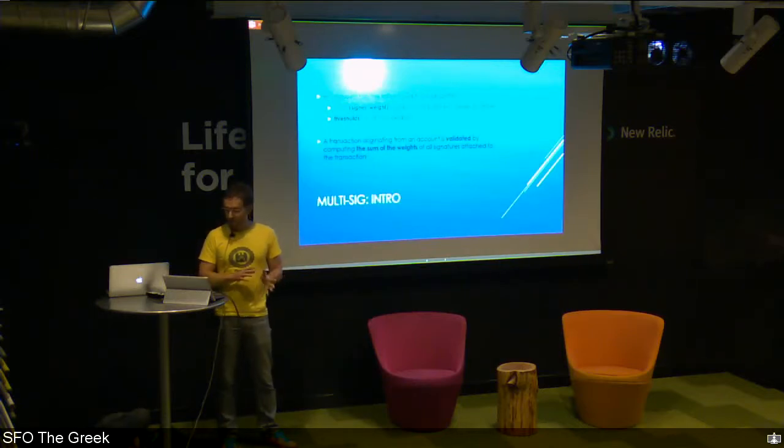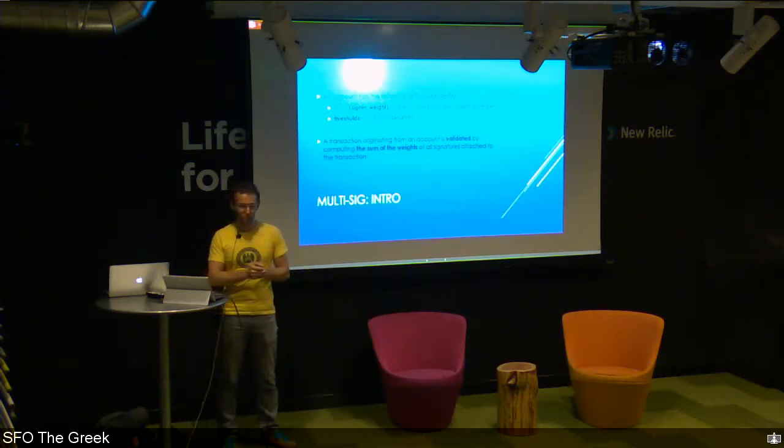Multisig. So what is multisig? Multisig is a way to have multiple participants sign a transaction. The way we implemented that is that an account has a list of signers and weights. A signer in the system is a public key, everything is a public key, so the ID of an account is its public key.